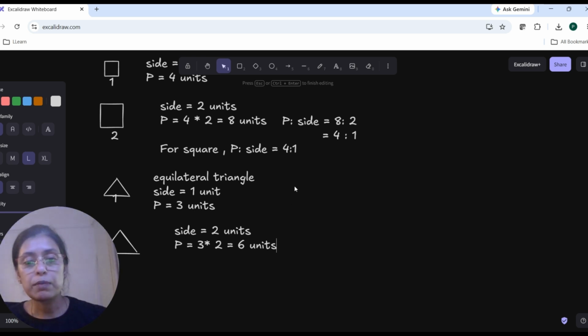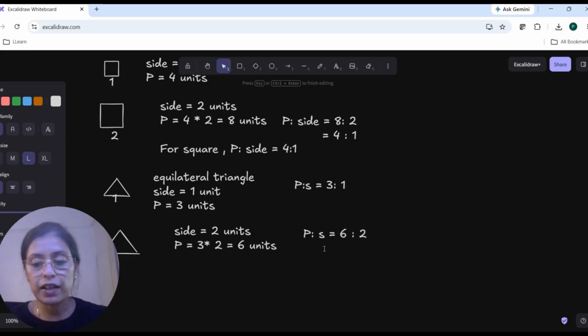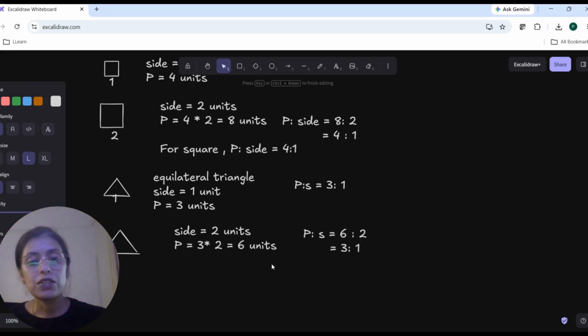So now what is the perimeter to side ratio here? It was 3:1. What is the perimeter to side ratio in this case? It is 6:2. And if you simplify it, it becomes 3:1. Right? So you see, as the length of the side increases, there is a change in the perimeter.